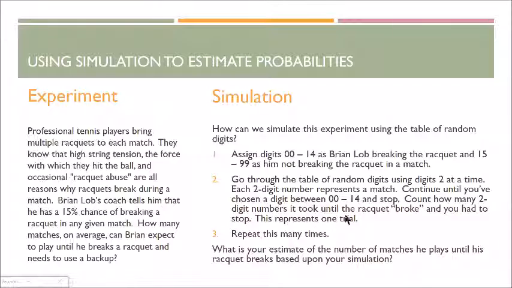Then I would take the number of matches it takes for each simulation and find the average. So add them all up and then divide by 100, and that's my estimate of the number of matches he plays. So we can use simulation, and specifically the table of random digits, in a lot of different ways.